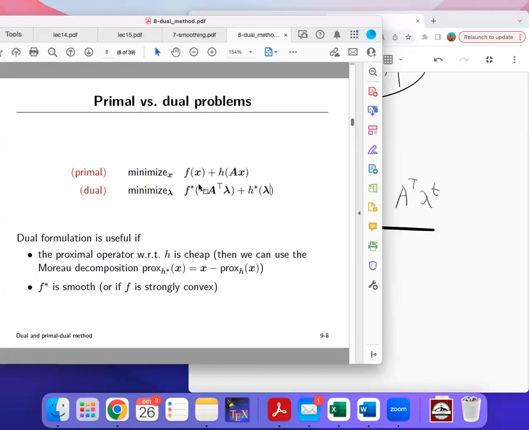The nice thing about the dual form is that we get rid of this A in this h; the matrix A is in the first term now. But then both f and h become conjugate functions, and this conjugate function can be hard to compute in some cases.